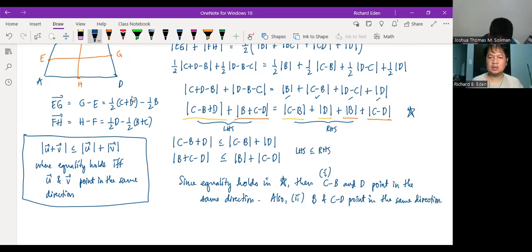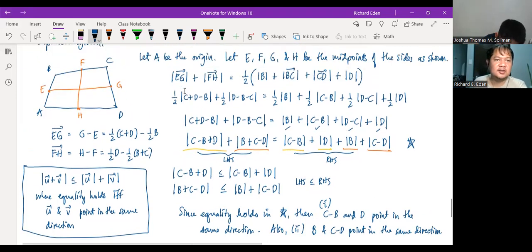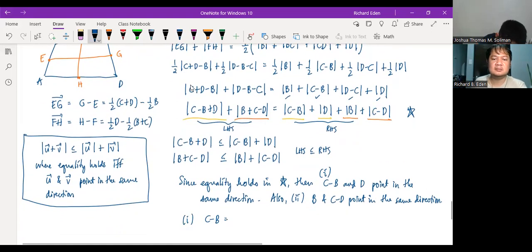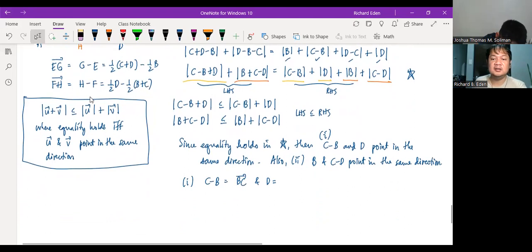From the figure, C minus B is BC, and D is AD. So they point in the same direction.